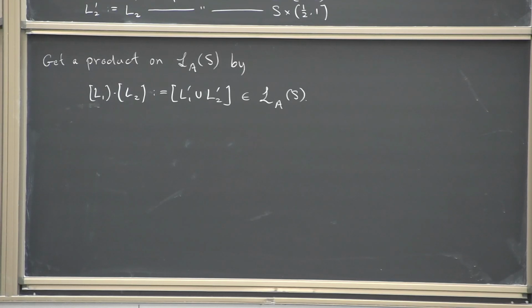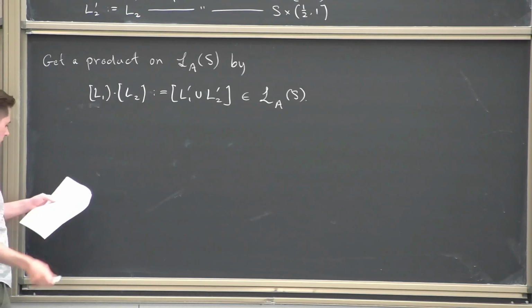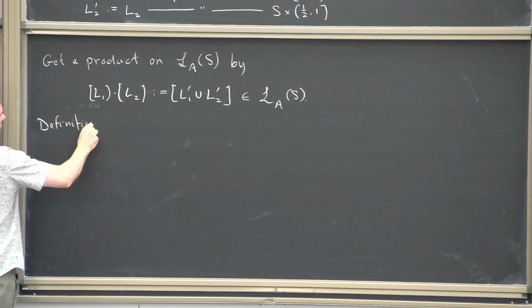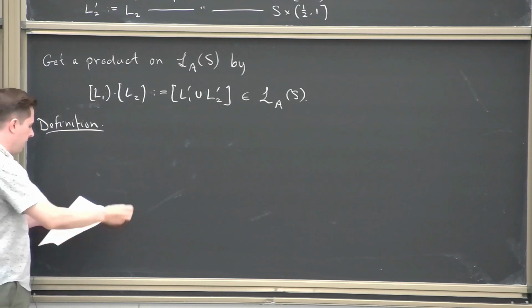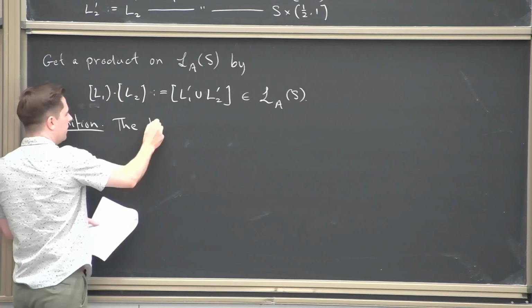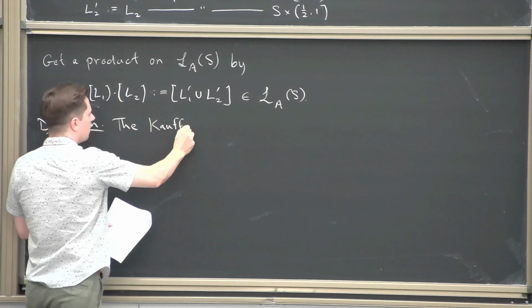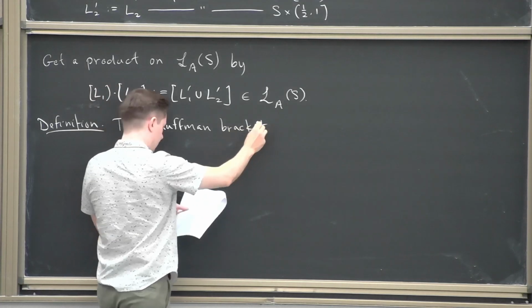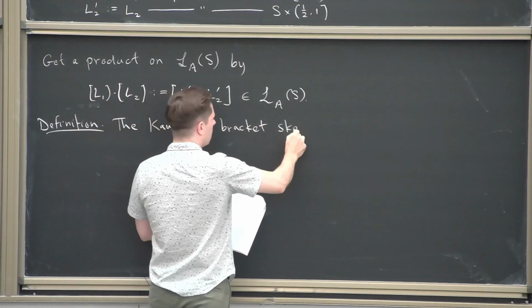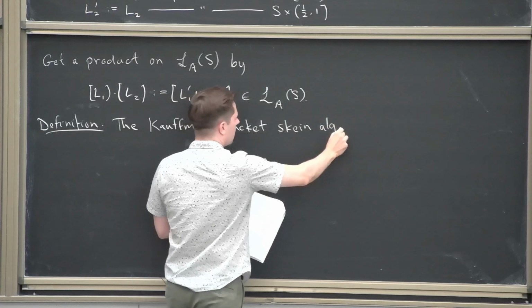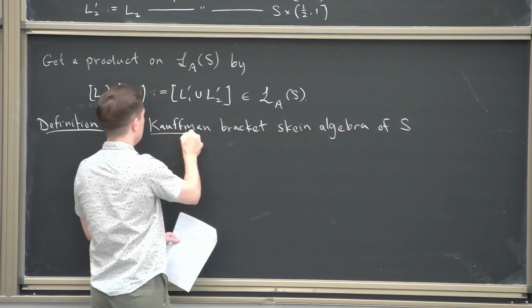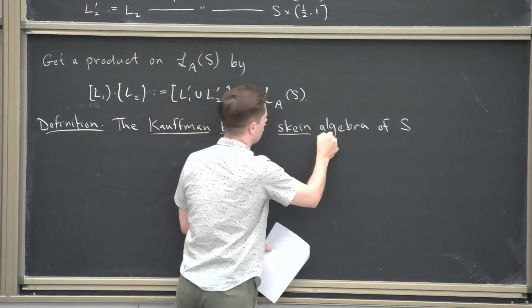That's not exactly the algebra I want to consider, though. So we're going to do one more modification here. We'll define now the Kauffman bracket skein algebra of S, and often I'll just call it the skein algebra.